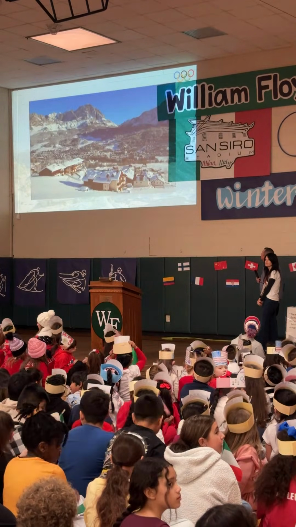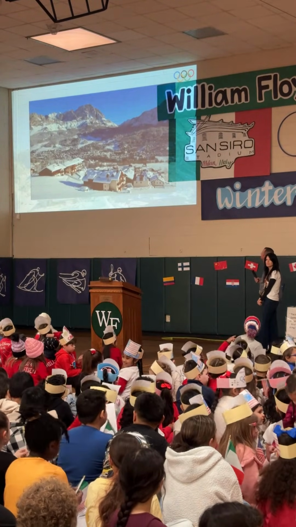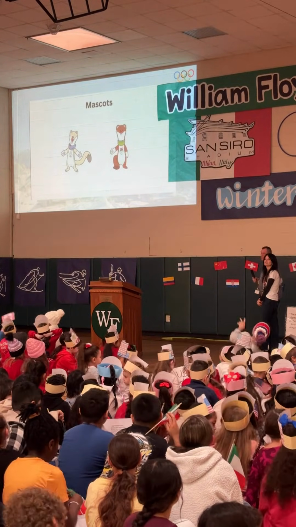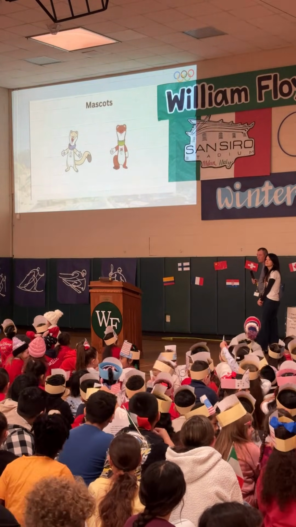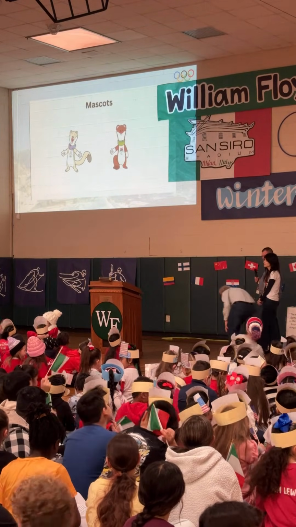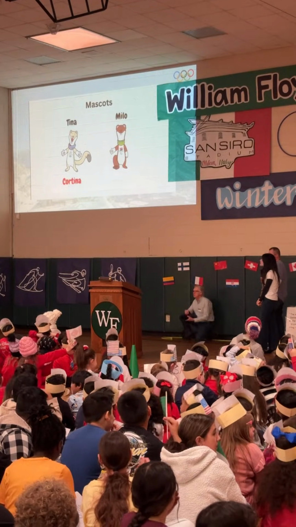This dual-host concept combines Italy's urban elegance with its natural alpine beauty. And, of course, every Olympics needs its mascots, and for 2026, they're absolutely adorable. Meet Tina and Milo, two stoats, one from Cortina and one from Milan.